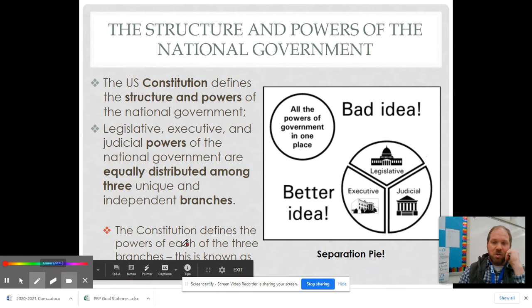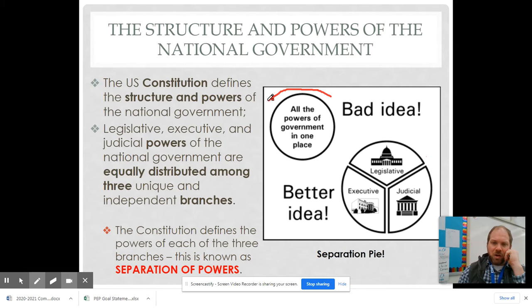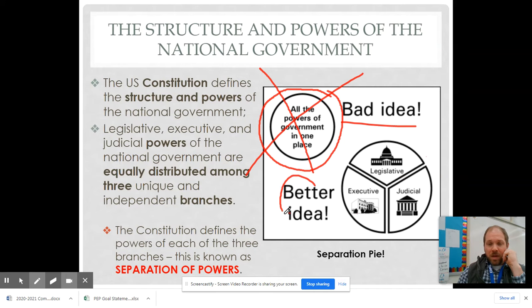Now, I want to show you an example. In the original part, we thought if our government was all in one place, that was a bad idea. Let's not do that. But the better idea was to divide the power between the legislative branch, the judicial branch, and the executive branch, each having their own set of powers and keeping the other one from becoming too powerful, protecting the rights of the citizens, hopefully.